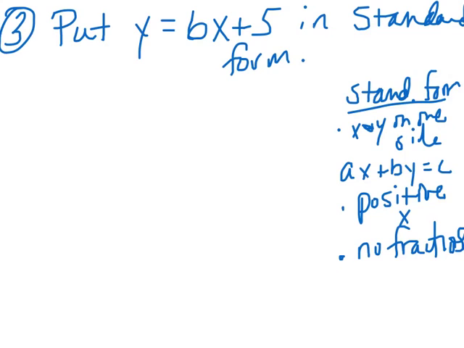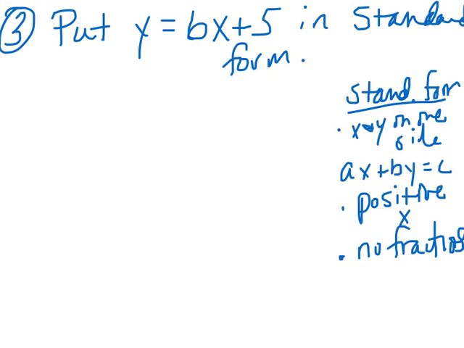Now there's two things you could do here. If you want x and y on the same side, one thing you could do would be subtract 6x from both sides, right? The other thing, though, there might be another way to do it, and a lot of people I've explained this to prefer this other way. Since you've got to have a positive x, isn't the x positive where it is? You're going to have to do two steps no matter what you do.